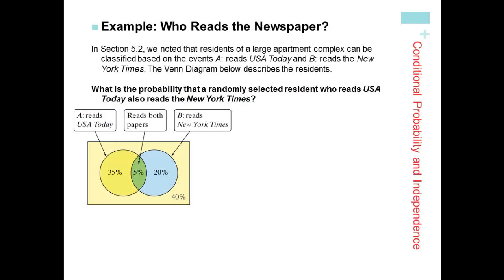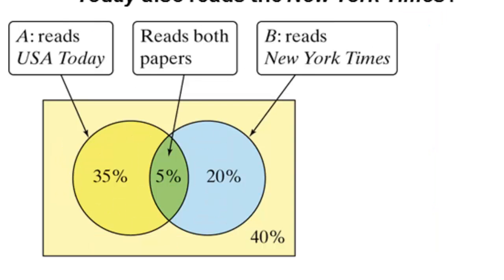Here's an example. In section 5.2 there was a problem that noted residents of a large apartment complex can be classified based on two events: A, they read the USA Today, and B, they read the New York Times. The Venn diagram below describes these residents.